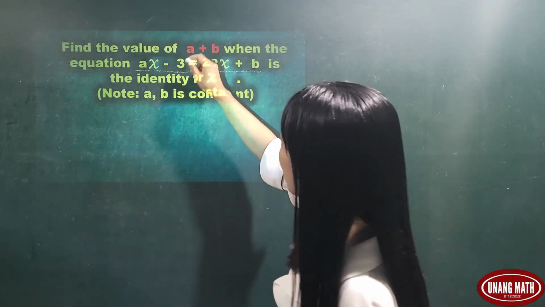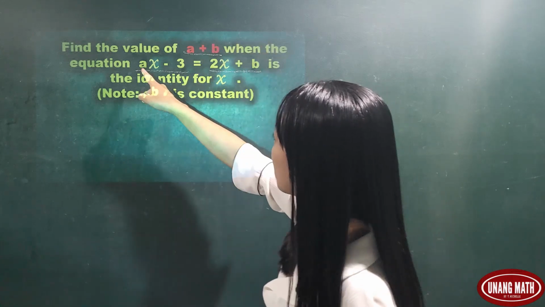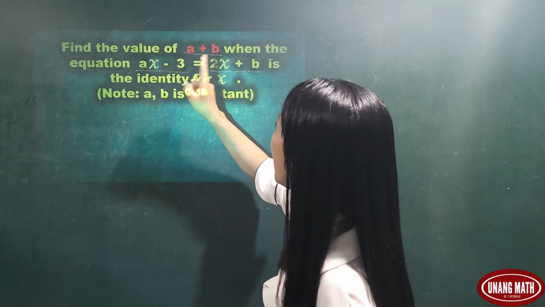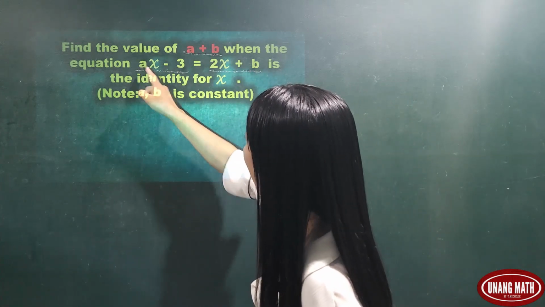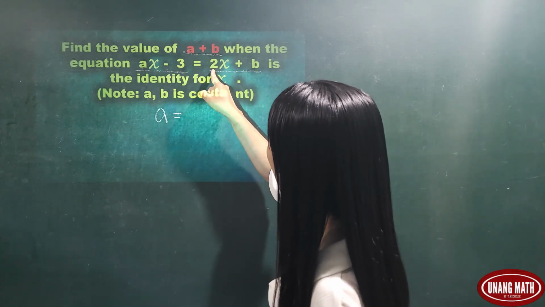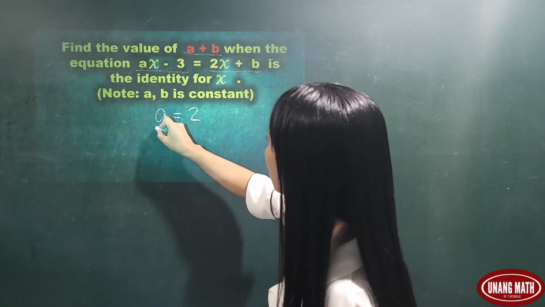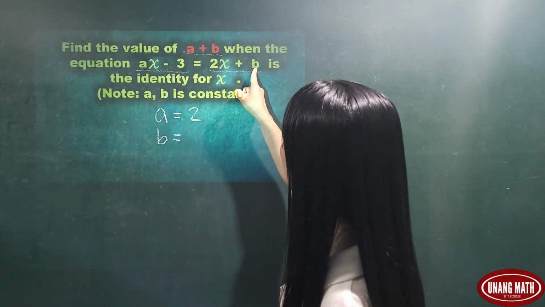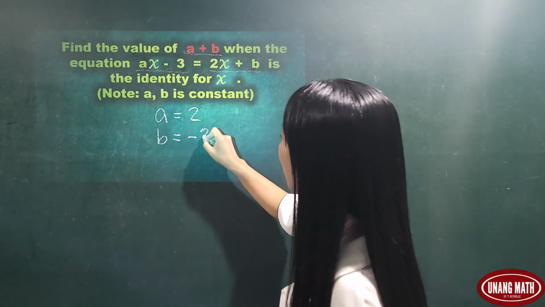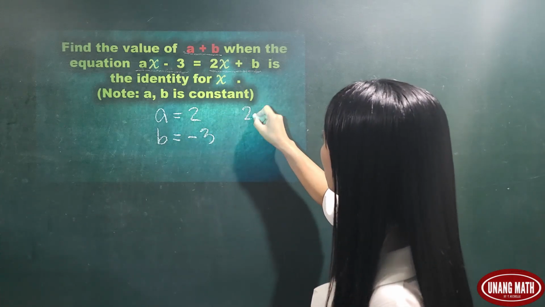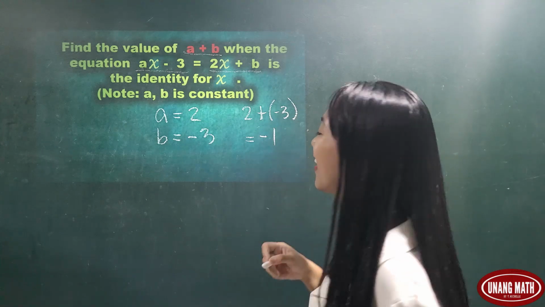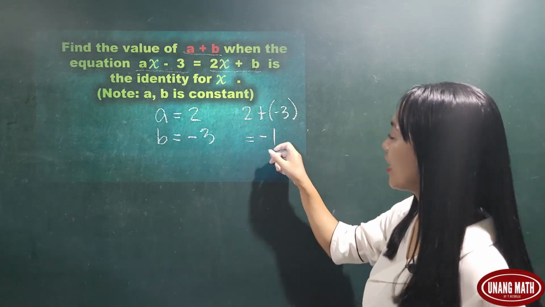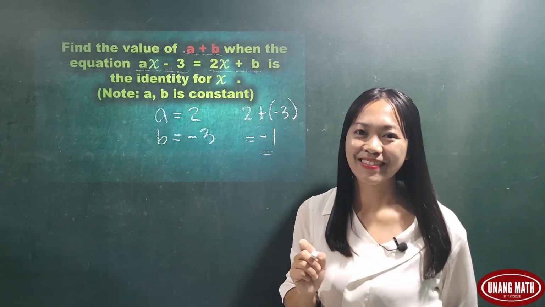We are going to find the value of a plus b. ax minus 3 is equal to 2x plus b. So that means a is equal to 2 and b is equal to negative 3. So a plus b, 2 plus negative 3, is equal to negative 1. So the answer is negative 1.